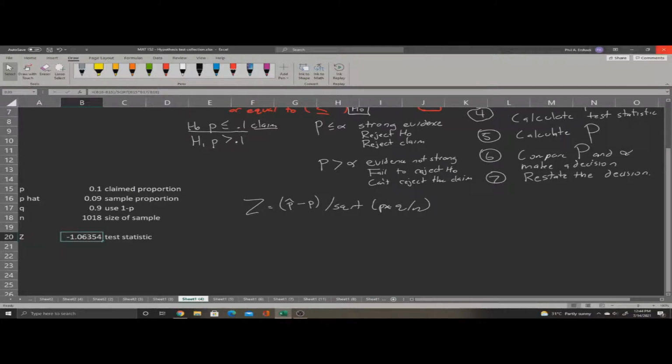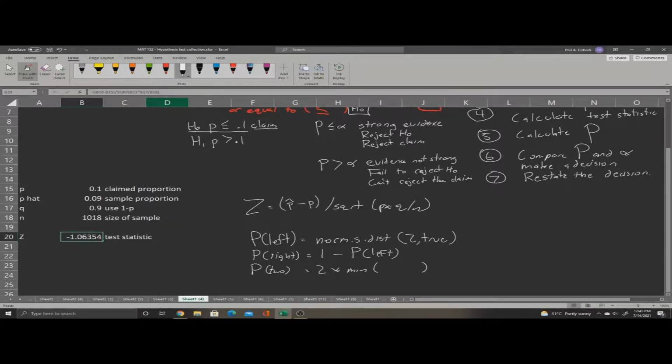Now, after that, we will need to find the big P value for step 5. So let's recall that our big P, if we have a left tail test, will be norm S dist, enter the Z, and say true. For the right tail, we just say 1 minus the big P for the left tail. If we have two tail, we'll say 2 times whichever of the left or the right is lower using the min function.